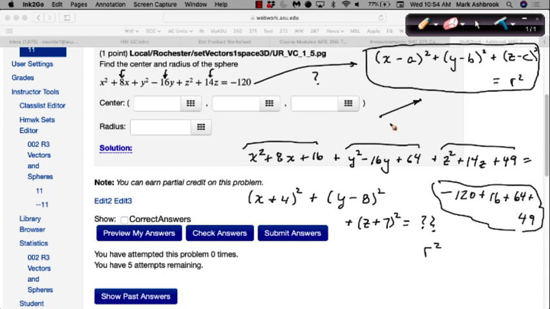Yeah, so like if I had the vector, say 1, 2, and then 4, 5, we derive the distance formula by finding the magnitude of that vector. What's the magnitude of that vector right there? Square root of, what would it be?